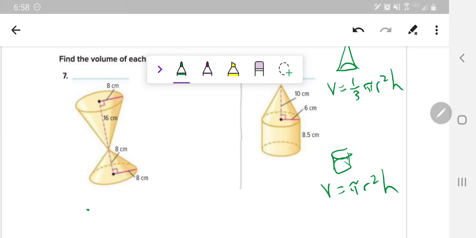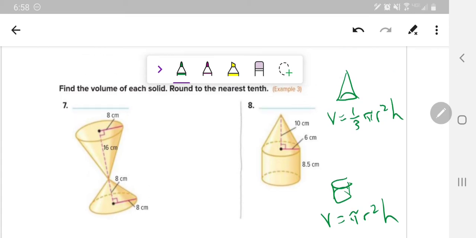So let's work on inputting everything and using our calculator to get the result. So 1/3 times, approximately, 3.14 times radius squared, so the radius here is 6 squared times the height is 10.